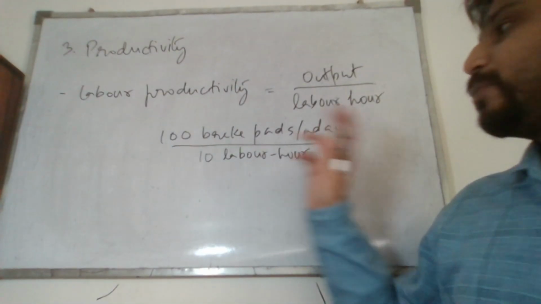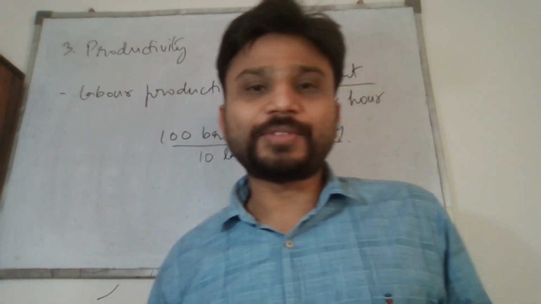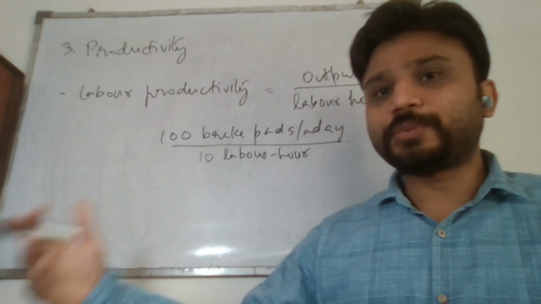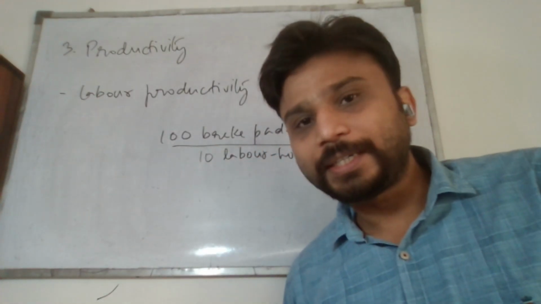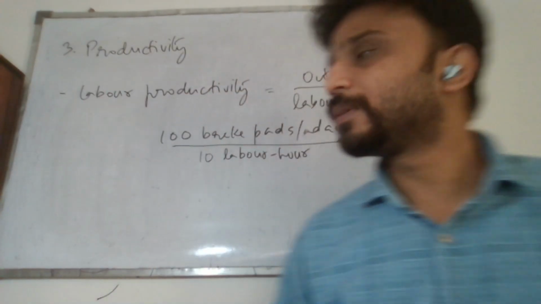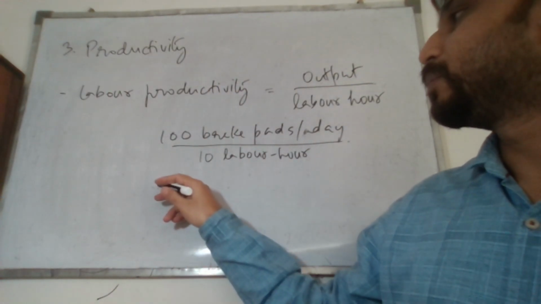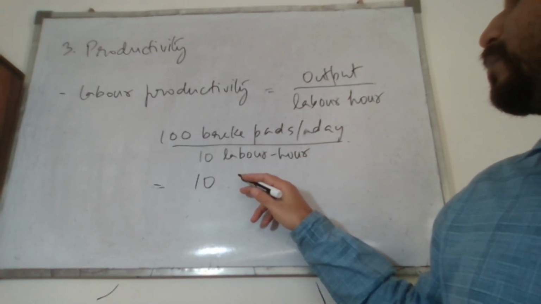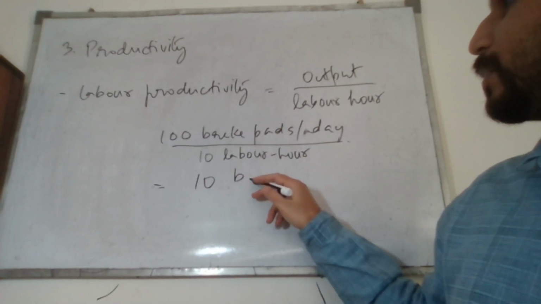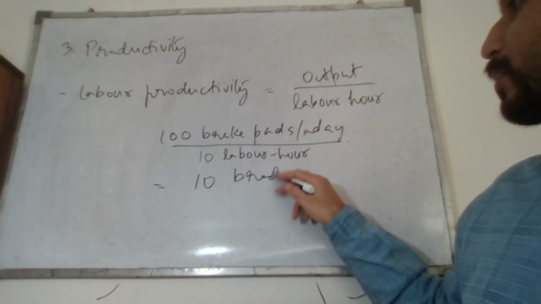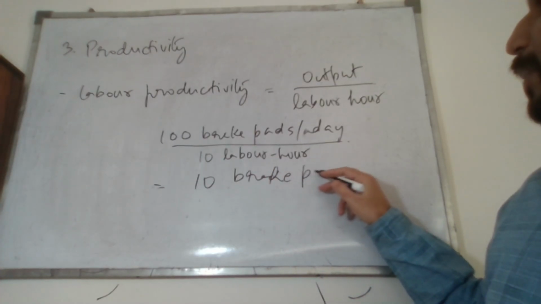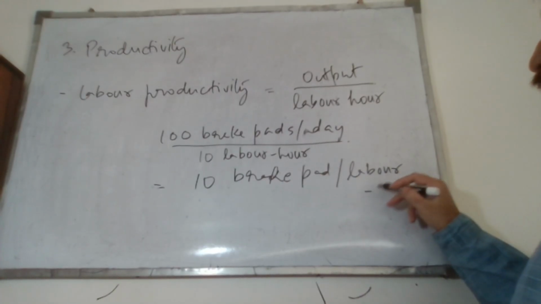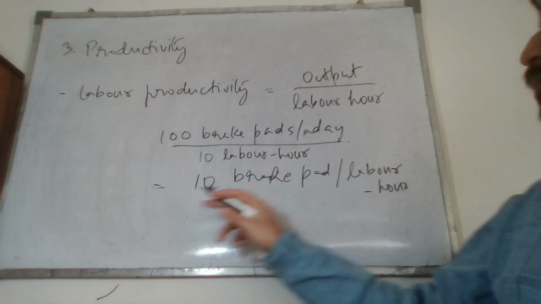Each labor works 5 hours, so their total contribution is 2 into 5, that is 10. So this is 10 brake pads per labor hour. So that's pretty good efficiency, right?